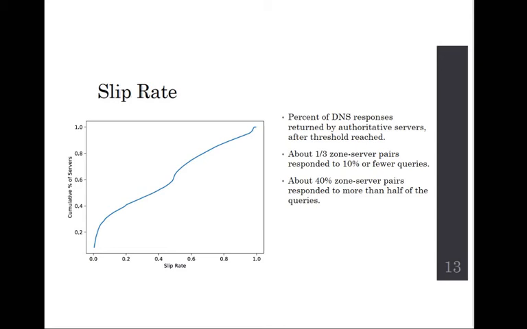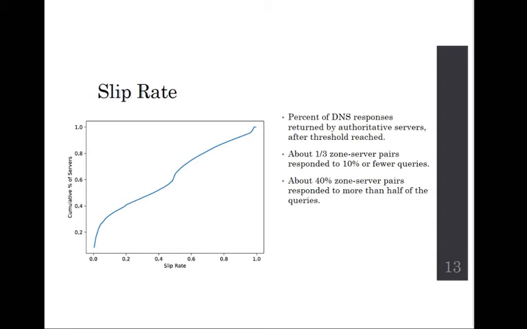You'll note that there aren't a lot of real big jumps here. You see a fairly large representation at the very beginning, close to a slip rate of 0, where things just stop responding altogether. And that's about a third, actually, which responded to 10% or fewer queries after the query load was reached.